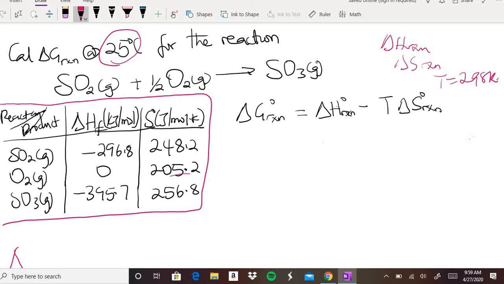For our heat of reaction, it is the product minus the reactant.